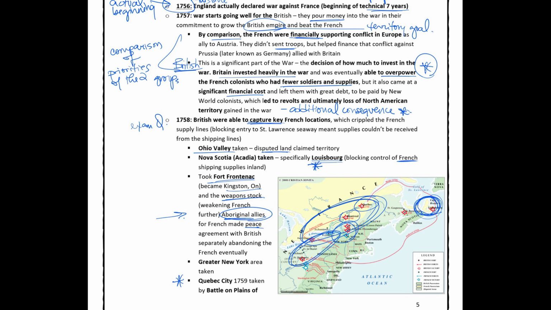The British did make that decision to significantly invest in that battle, in the resources. They sent a lot of troops. This is a significant part because it has a significant consequence.